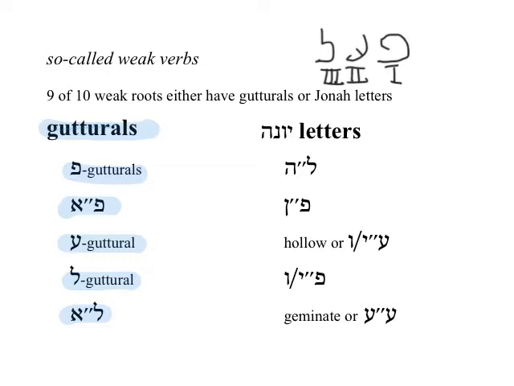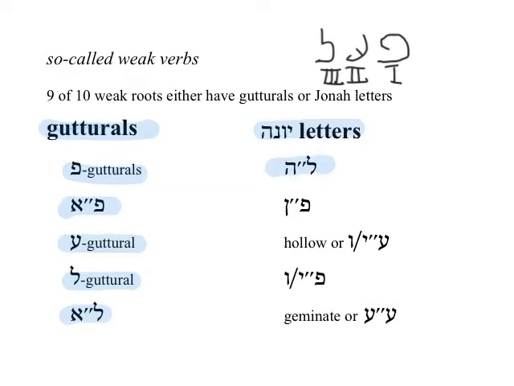And then there's words with Jonah letters. Now, the Jonah letters are letters that make up the ancient prophet's name, Jonah: Yod, Vav, Nun, He. And when these letters occur, they tend to disappear in certain circumstances.